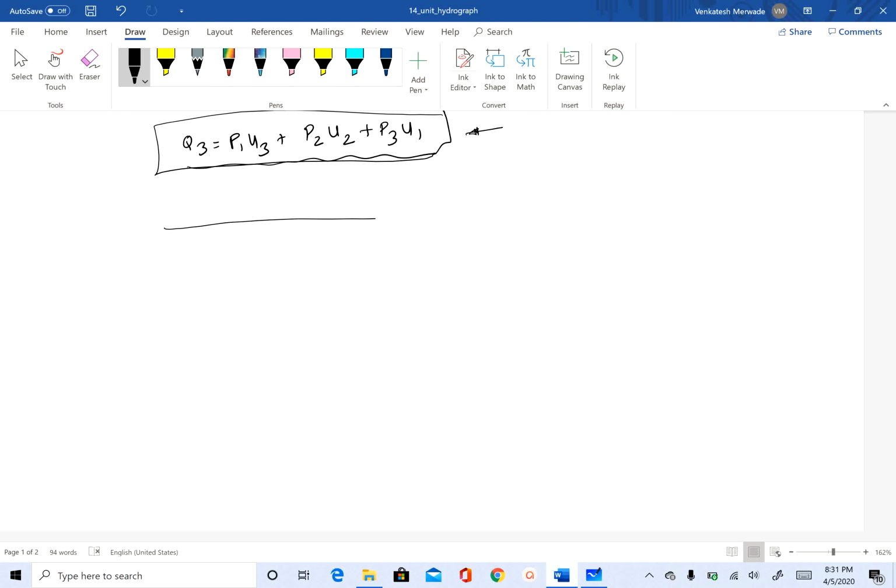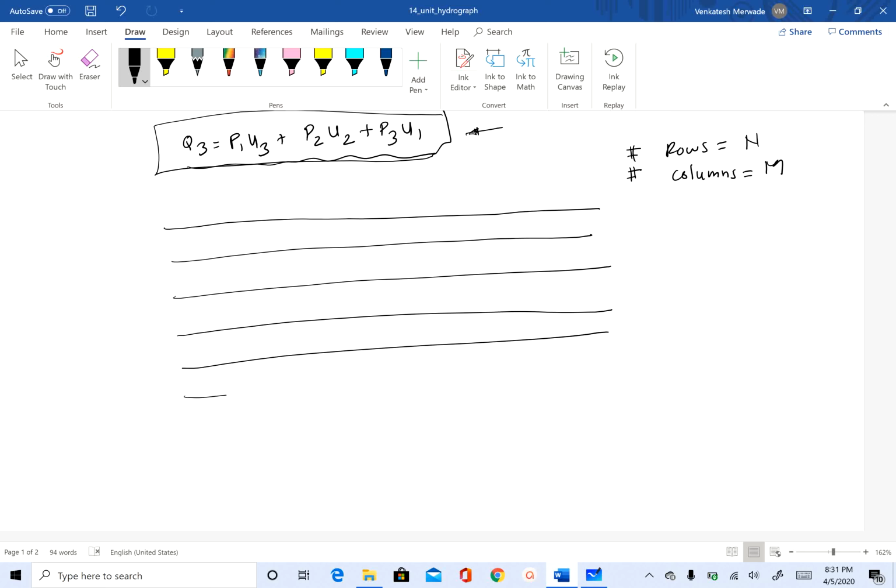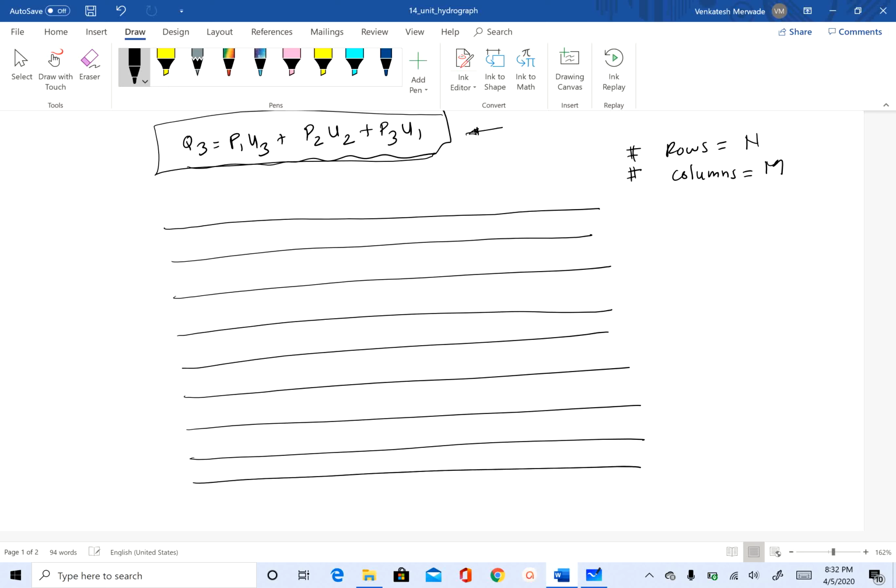The number of rows is equal to the number of capital N, and the number of columns is equal to capital M. We have N equal to 9, so I'll create 9 rows: 1, 2, 3, 4, 5, 6, 7, 8, 9.